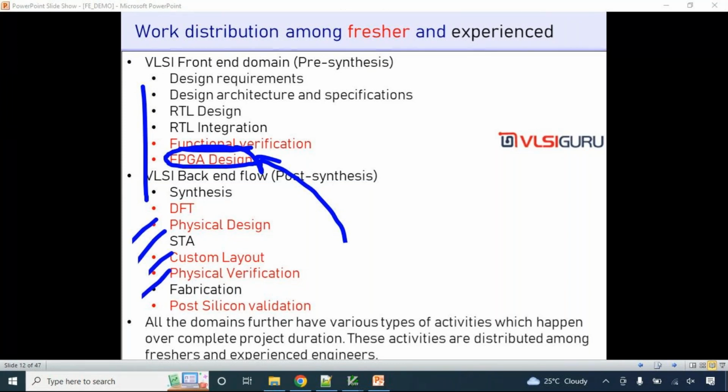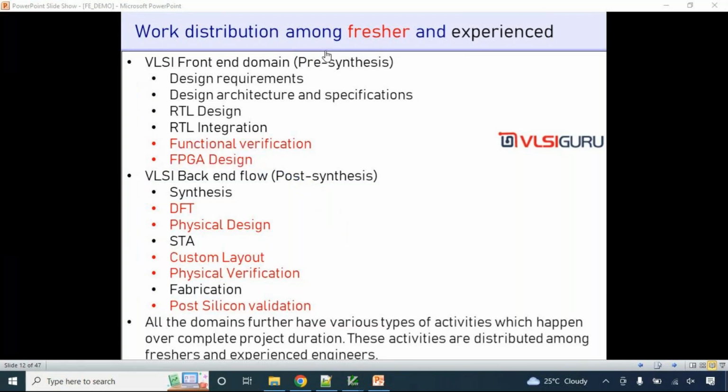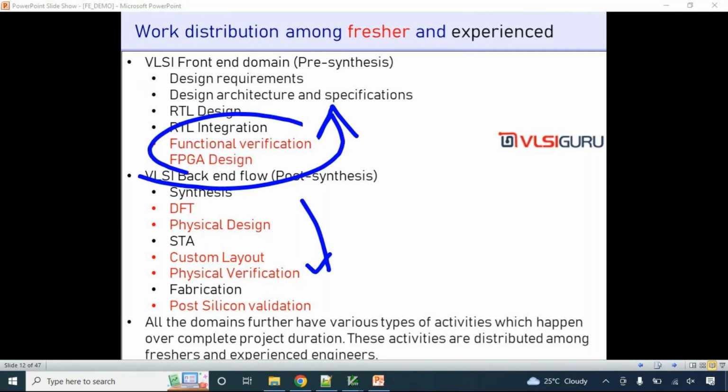Then post silicon validation. How do you choose which one to go for? Whether to go for this one or this one? Very simple. Do you like programming, some amount of programming? You go for this. If you don't like any programming at all, you have never done and you don't want to do any programming, then you go for one of these domains.